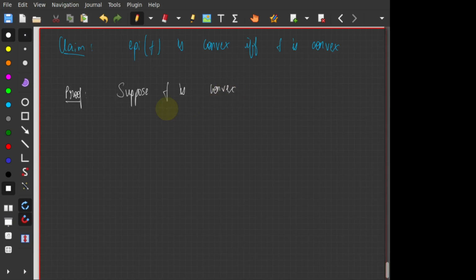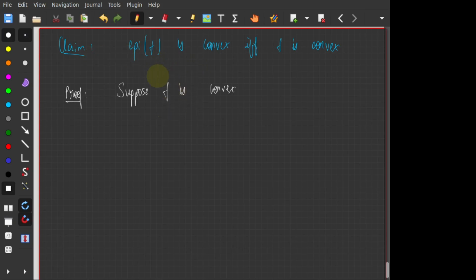The claim is that the epigraph is convex if and only if the function is convex. That's a necessary and sufficient condition. So how would you prove this? Again, just use the definition of convexity.